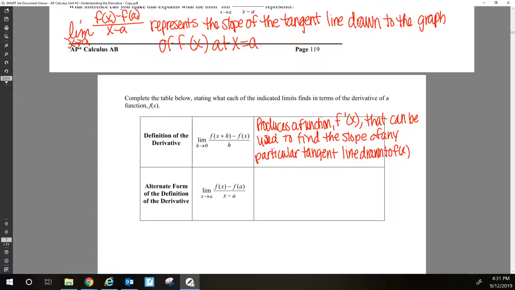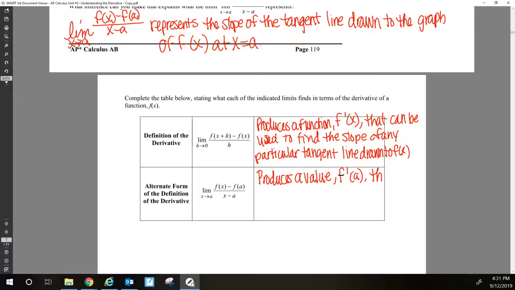So we use this formula if we're trying to find the equation of the tangent line so that we could use it to find maybe the derivative at multiple points. Whereas we're going to use this guy down here. This guy produces just a value, not a function, a value. What's a value? A number, right? It produces the value f prime of a. So what is my derivative evaluated at a?